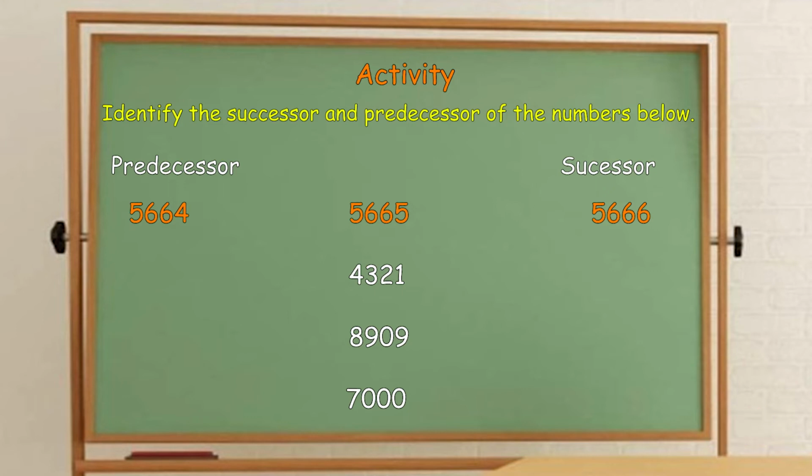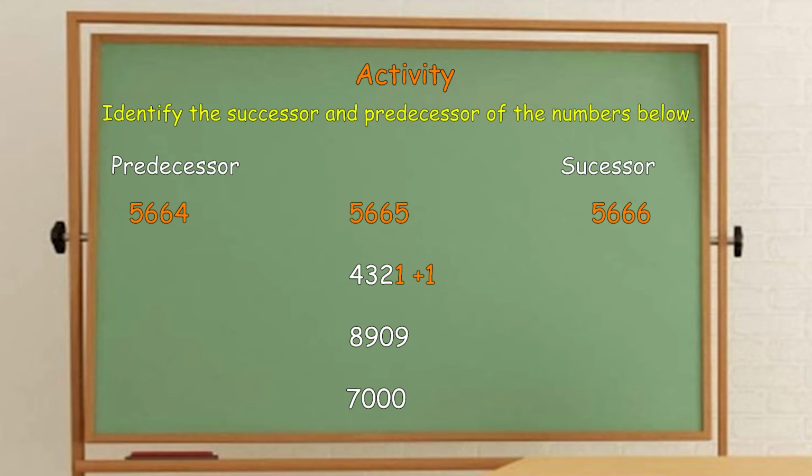Were you able to get all correct? Let's verify. For number 2, the number that we were looking at is 4,321. But I want you to forget about the first 3 numbers and look at the last number there, which is 1. What is the successor for 1?